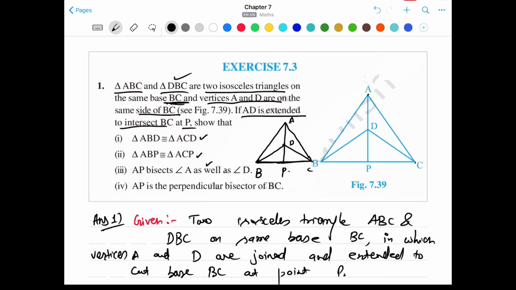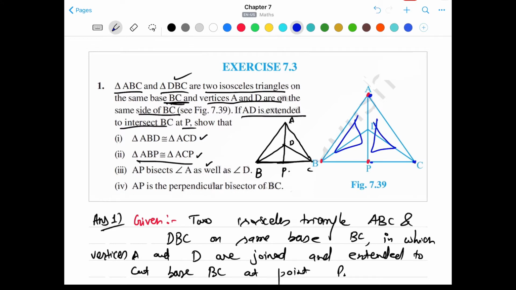The figure given to us says you have to prove that these two triangles APB and ACP are equal. Let's locate the triangles. APB is this one, A, B, P, and the second triangle is A, C, and P. That means these two triangles. Now we have to prove that these two triangles are equal.